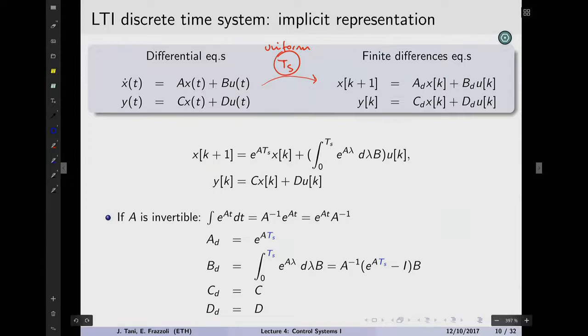We then get these expressions where AD, BD, CD, and DD, the discrete time equivalents of A, B, C, and D, are related to A, B, C, and D through these equations. Note that C and D are completely the same, but this becomes AD and this becomes BD. Of course, these are a function of the sampling period.